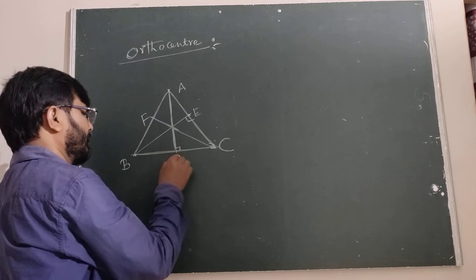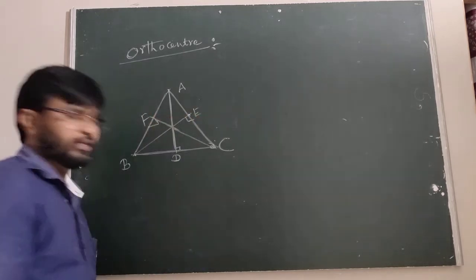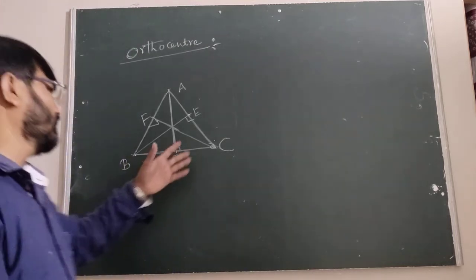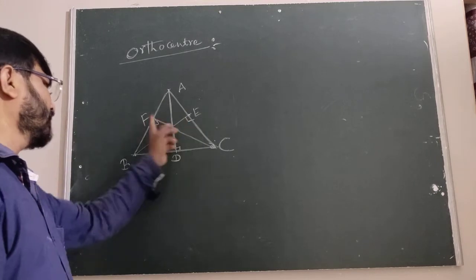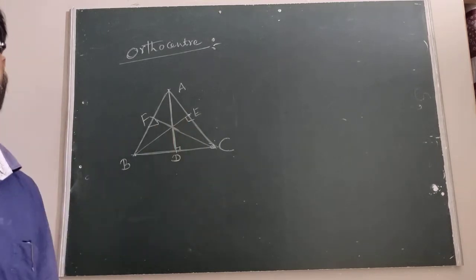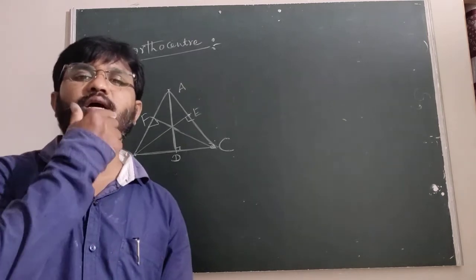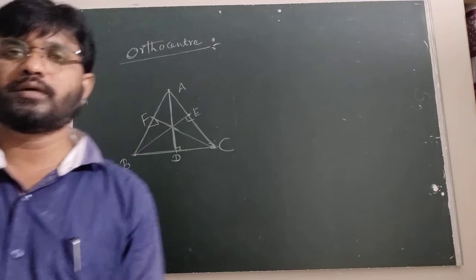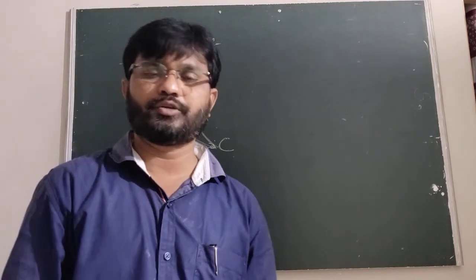D, E, F are the feet of the altitudes drawn from A, B, C respectively. What is the meaning of altitude? The line joining the vertex and perpendicular to the opposite side is called the altitude.